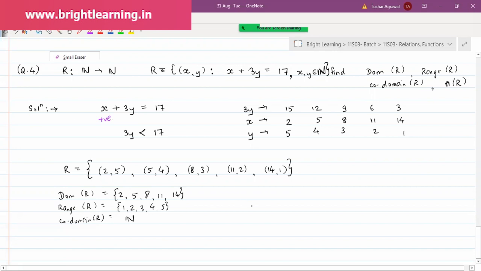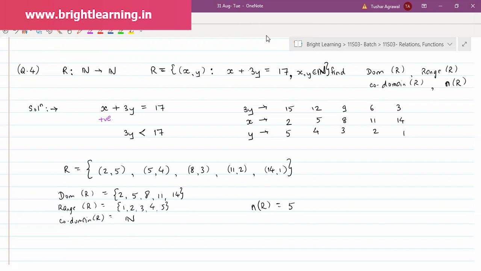And cardinality of R is equal to 5, the number of elements. So this is the concept of domain, codomain, and range of a relation.